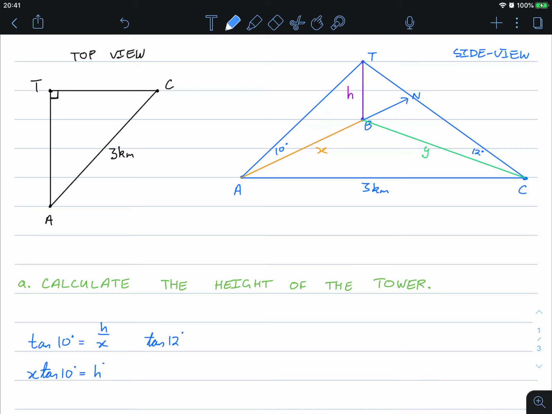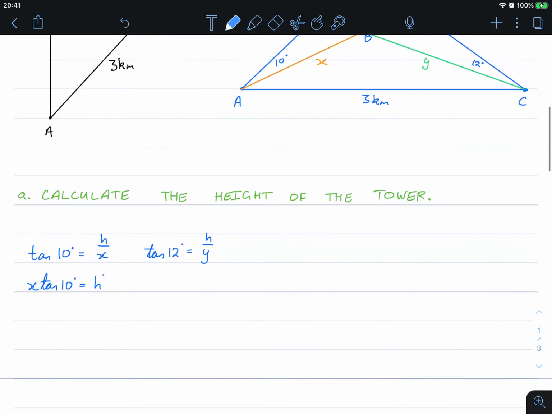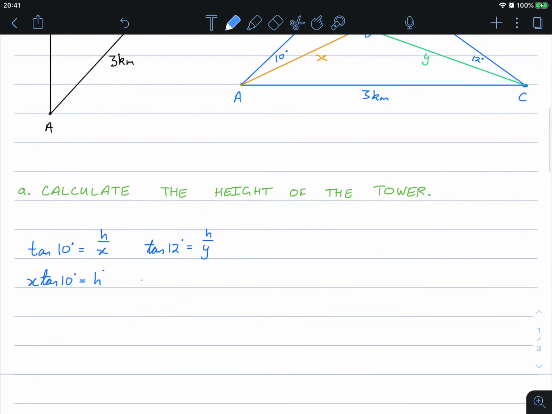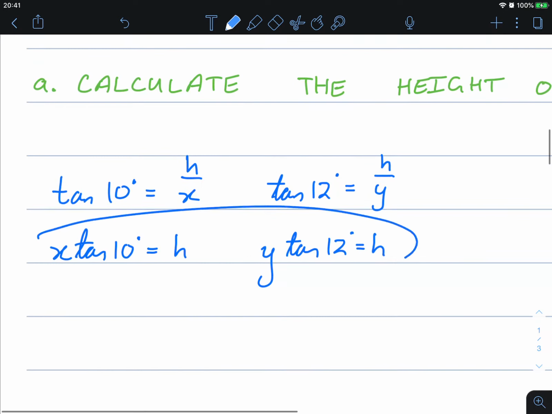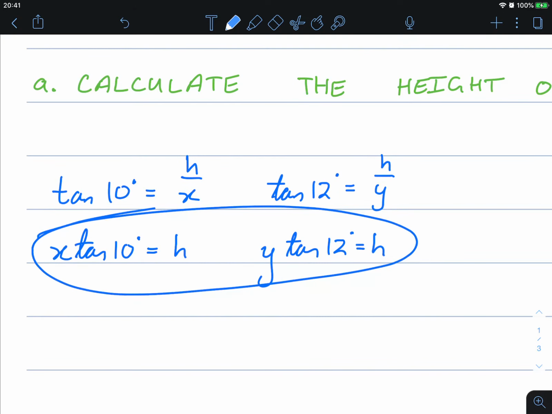Tan of 12 degrees is H over Y. And from here we can say that Y tan 12 is equal to H. So we have two expressions for H. Now, it may not seem very clear as to what we can do from here.